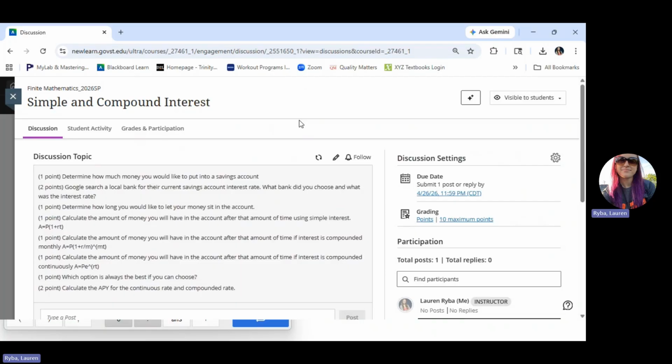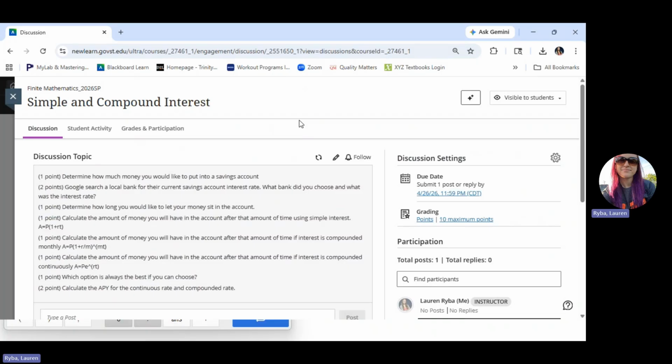Calculate the amount of money you will have earning simple interest, and I give you the formula. Calculate the amount of money you will have earning compound interest monthly. Again, I give you the formula. Calculate the amount of money you will have in the account compounded continuously.